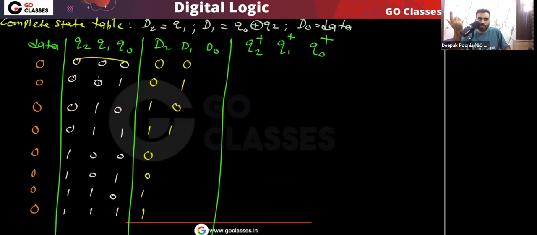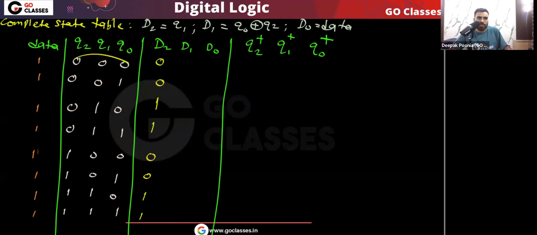So here they are same, different, same, different, then different, same, different, same. So you can see 0 1 0 1, then 1 0 1 0.